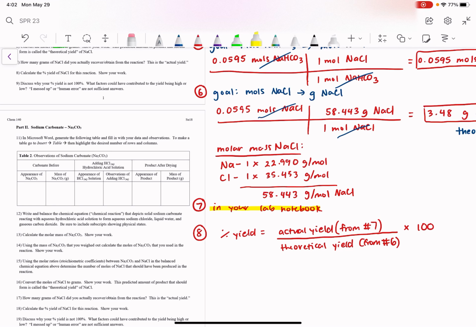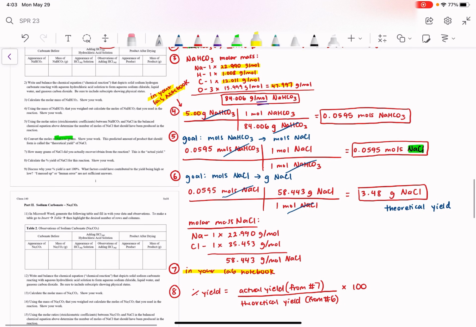So what if it wasn't dried quite enough? Could that lead to too many grams in the end? Interesting. What if your percent yield was less than 100%? Why do you think you would get a number that was less than 100%? Okay, I'm not going to do that one. Tell me what you think.